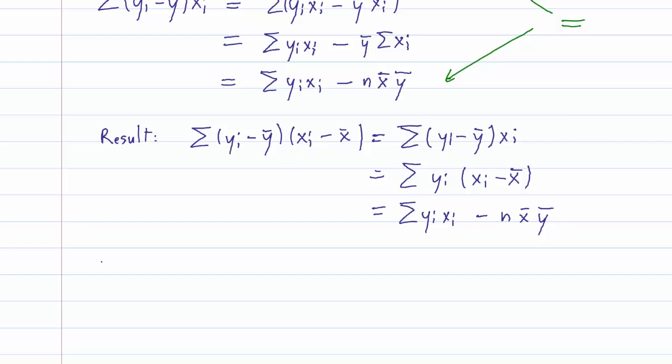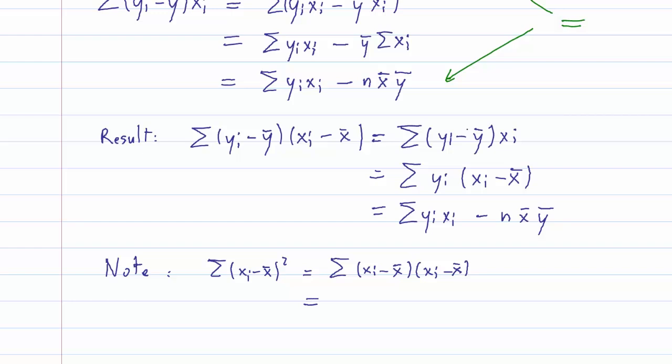Another interesting thing is that, note, the sum of (x minus x bar) squared, which we use for the variance, is basically the sum of (xi minus x bar) times (xi minus x bar). So it's the definition of the square.